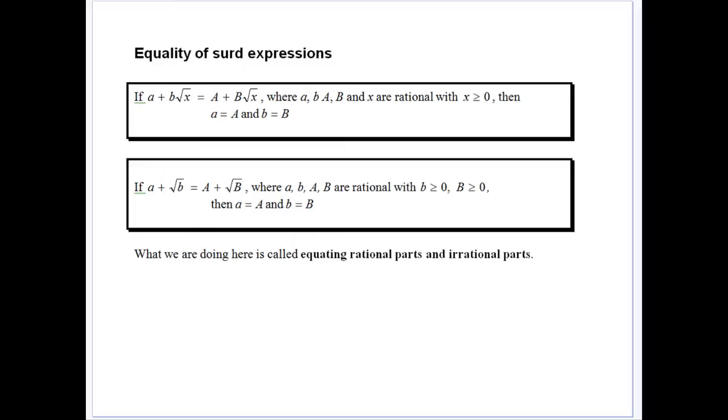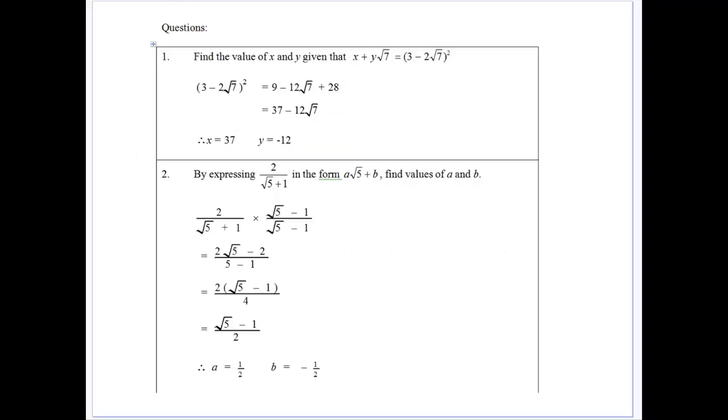And then the idea of equality of surd expressions. We sort of did this before, and this is really just manipulating our surd expressions to get rational parts that are equal and irrational parts. So the question you're going to see here is being able to go, well, if I've got that expansion, can I put it back into that form?